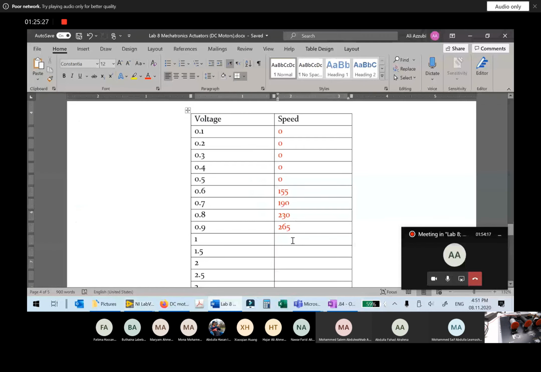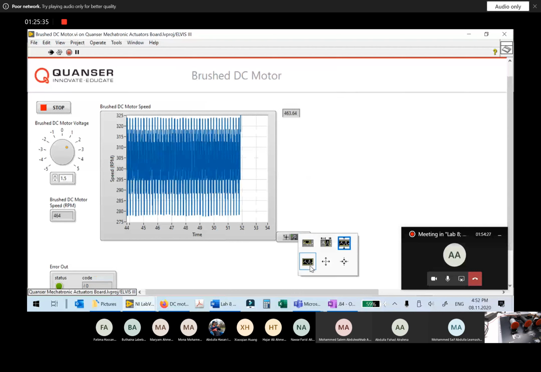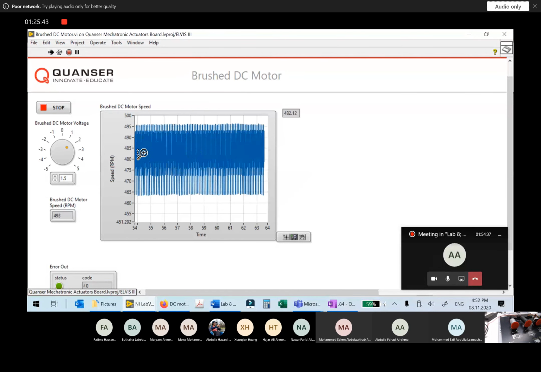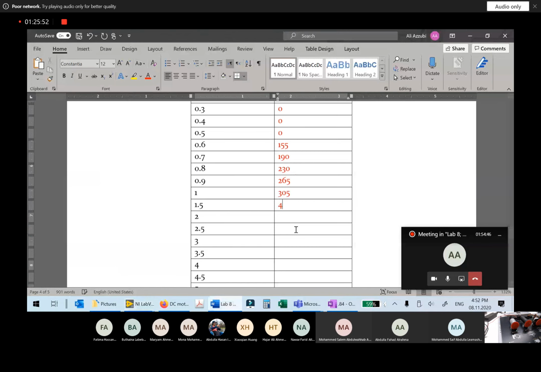Okay, let's take it as 305. Okay, now after 1, I'll start increasing by half volts, so the jump is big. So let's see, it says 400. How much? I'll take it as 485.